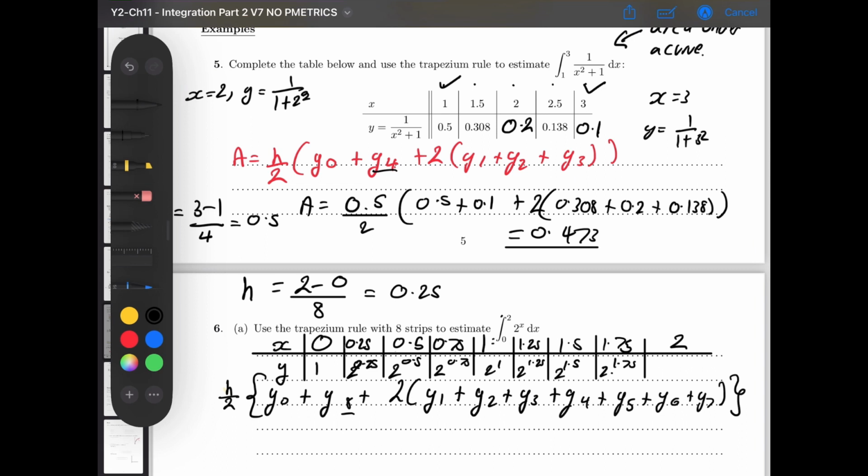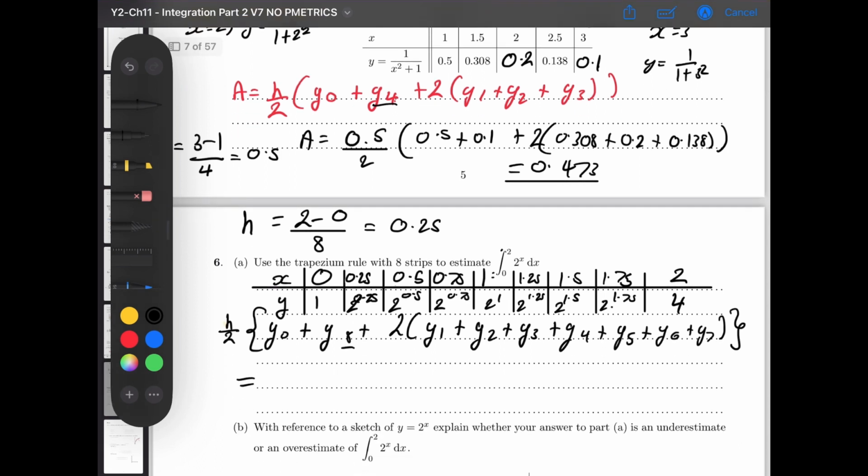And substituting into the formula gives this calculation. Oh, forgot my last one: 2 to the power of 2 is 4. So h over 2, 0.25 over 2. And then writing out each of those numbers, 1 plus the last one, 4, and then 2 times all the middle.